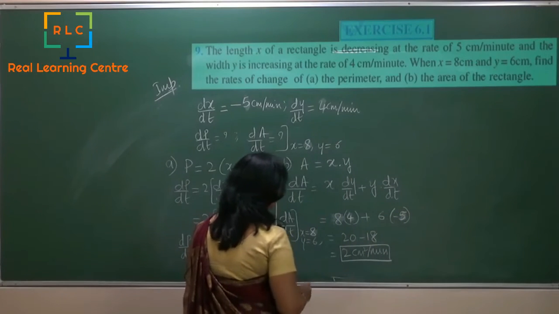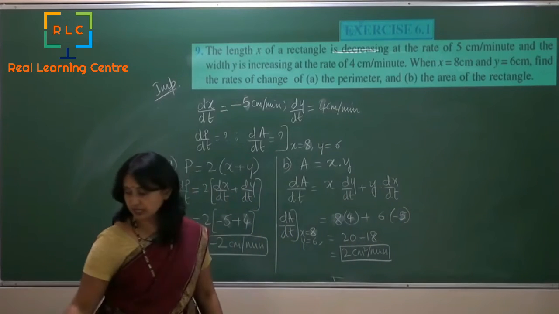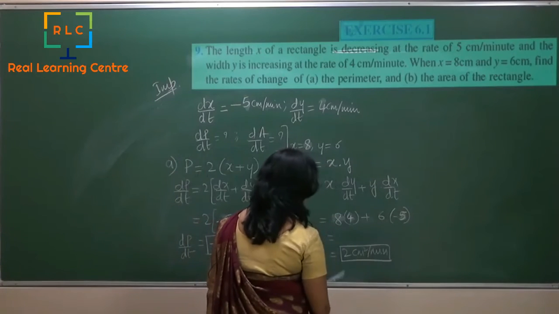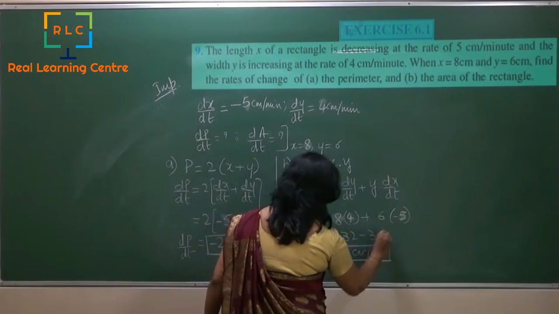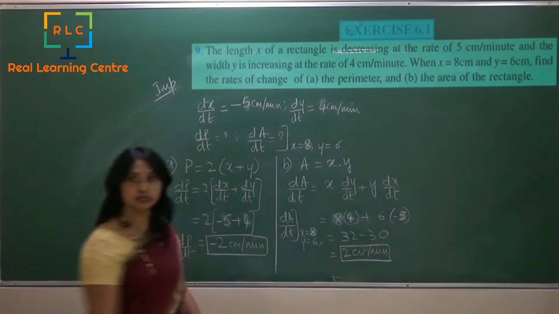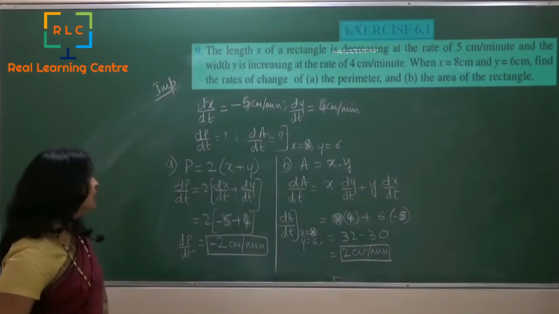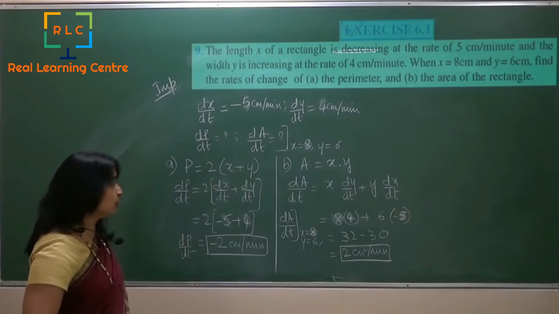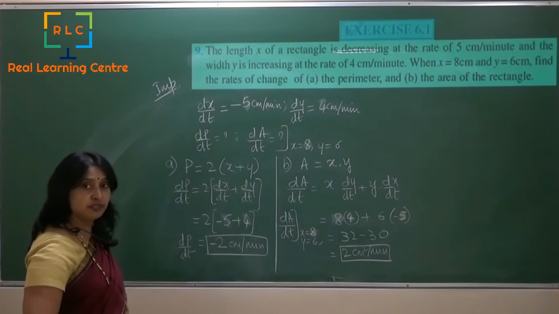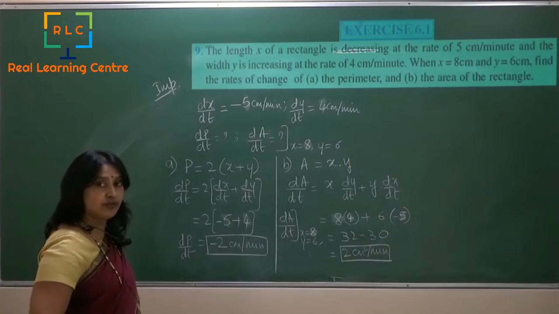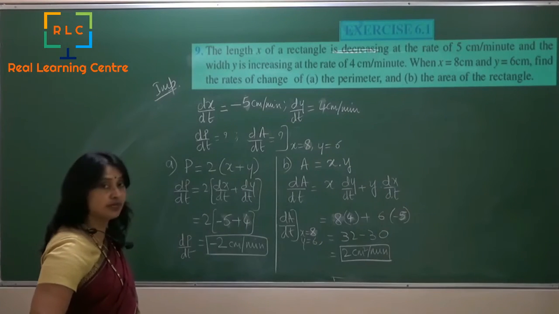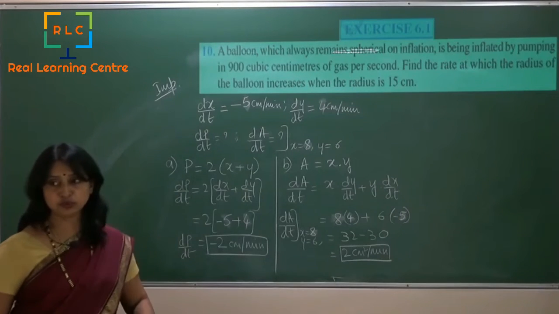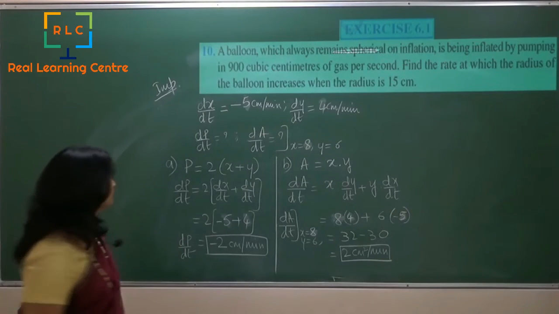We are getting 32 minus 30. Once again the answer is 2 centimeter square per minute. I shall keep this as your homework, but anyway you have already the answer. I only have changed the numbers accordingly to what we had done in the previous one. Okay, so now we are getting into the sphere problems.